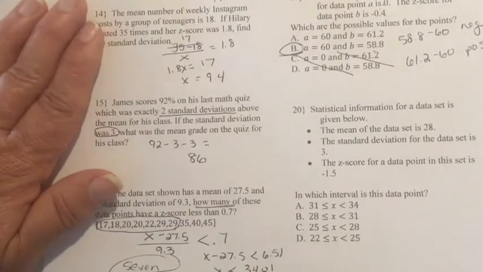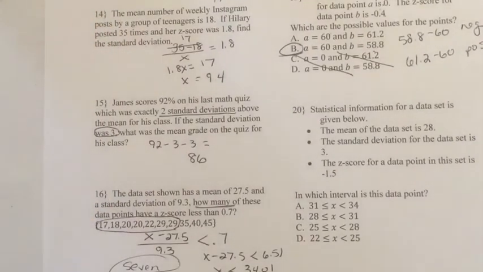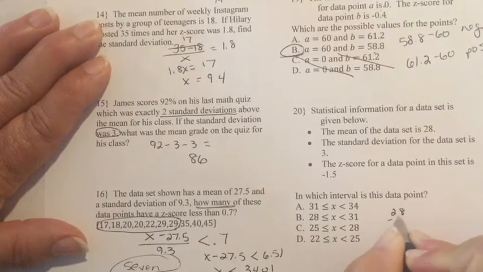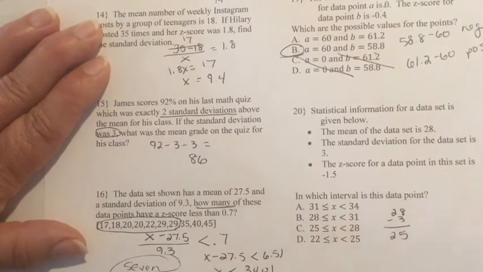All right, for the last one, you've got a mean, a standard deviation, and a z-score, and you're looking for the interval of the data. Well, let's think about it for a second. If the standard deviation is 3, then you're going to be above or below by intervals of 3. So if I do 28 and subtract 3, I get 25.